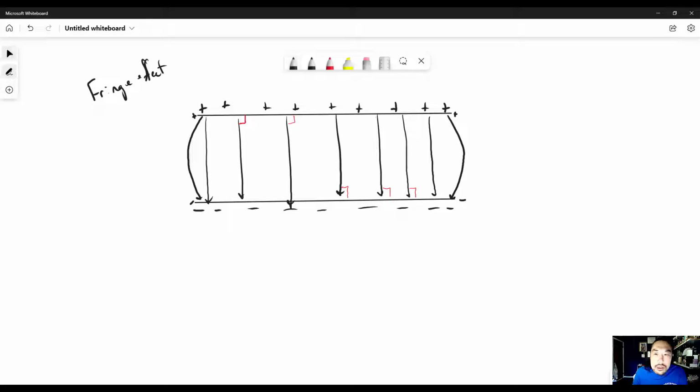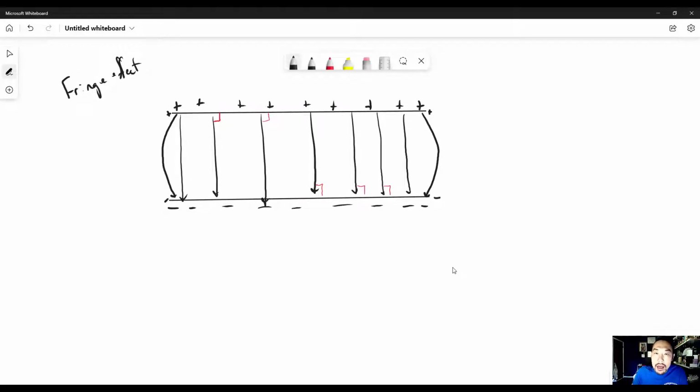It's similar to what happens if we have, let's say, a positive charge here and a negative charge here, where in between we get these lines, but anywhere else we get this bending effect or fringing-like effect.